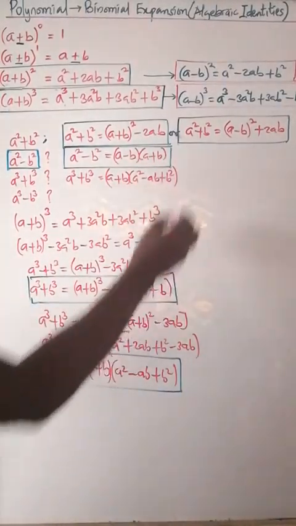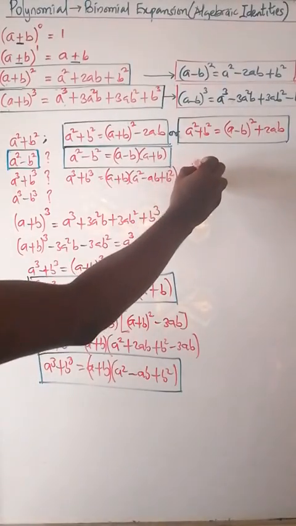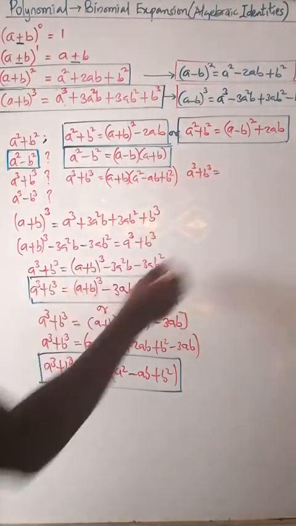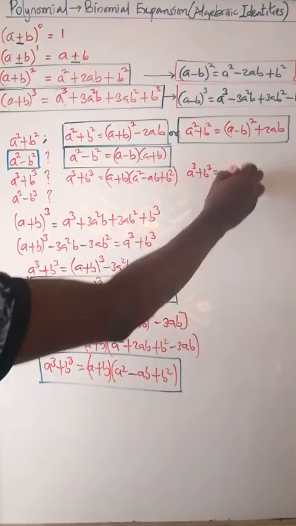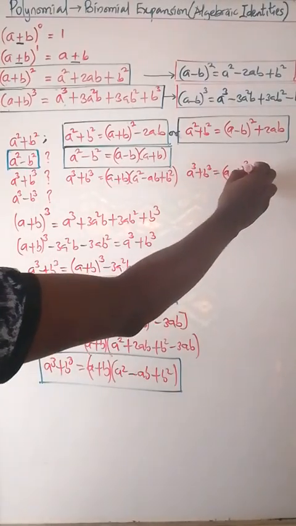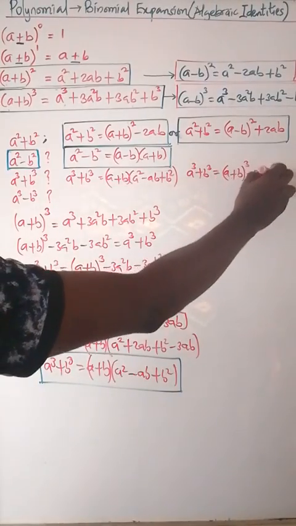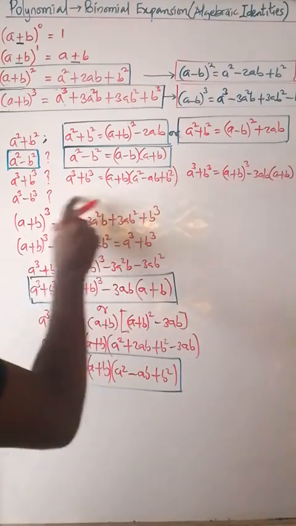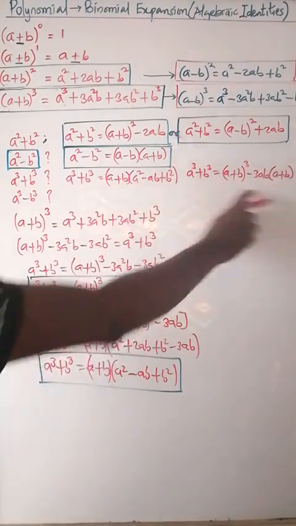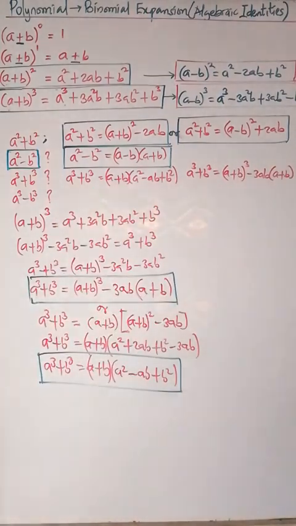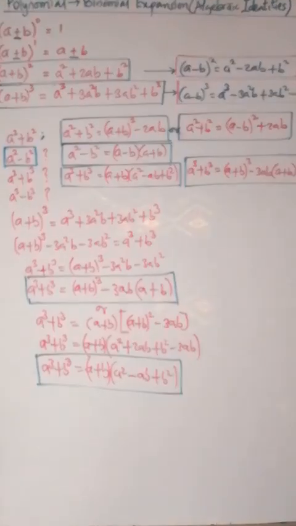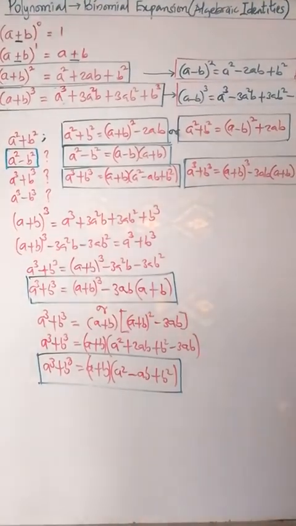Or using this one, A cube plus B cube equals A plus B all cube minus 3AB into A plus B. This is the one we use most times, but this one is particularly for sum and product of roots of a quadratic equation, which we are going to solve questions on. Okay, note this so that we can go to the next one.